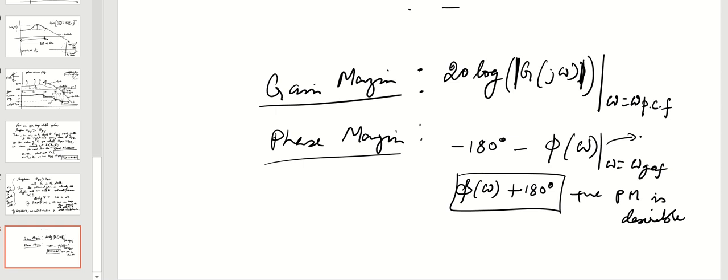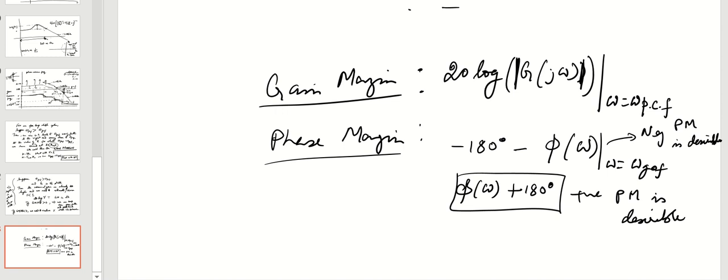It's just a matter of defining. You just have to remember how you're defining it. So the more conventional approach is this: phi of omega minus of minus 180 degrees. So how far you are from the 180 degree line, that is the difference. So you can still withstand a lag of that much amount before your system gets unstable.